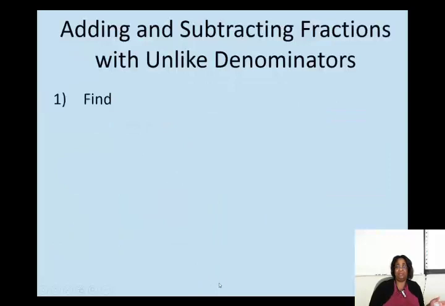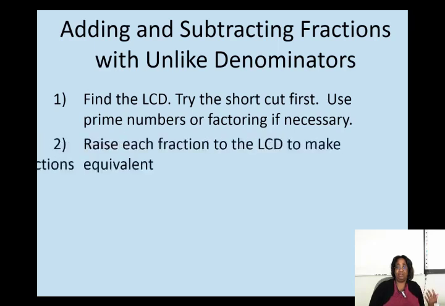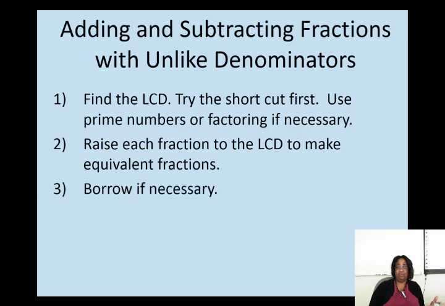So these are the steps again. If the denominators are not the same, you cannot add or subtract yet. You have to find the least common denominator. You have to raise the fractions to that least common denominator, but make them equivalent. Then you have to subtract or add the numerators.